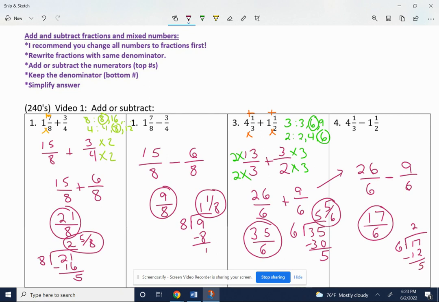When you subtract 6 times 2, 12, you're left with 5/6. So 2 and 5/6 would be the mixed number. I'm not sure what they're going to want on Khan Academy, but either the reduced improper fraction or the mixed number is perfectly good.